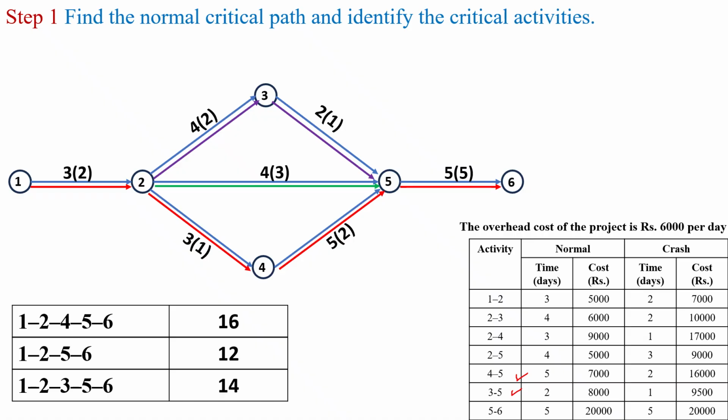Here the maximum duration is with the path 1 to 2, 2 to 4, 4 to 5 and 5 to 6. Duration is 16 days. So path 1 to 2, 2 to 4, 4 to 5 and 5 to 6 is the critical path and the duration is 16 days.